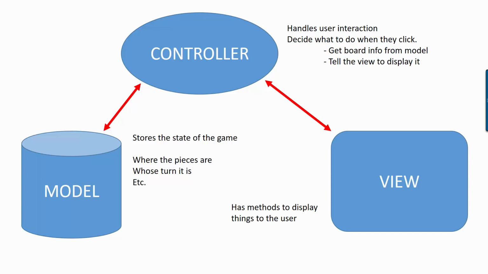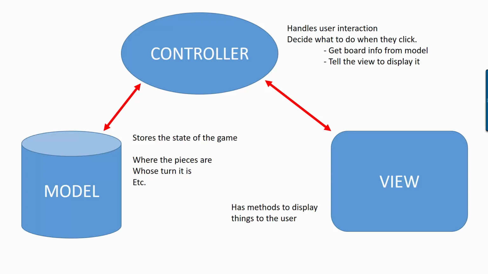A typical way of imagining how these classes interact with each other is the user will click somewhere on the screen. The controller knows the XY coordinates where the user clicked. And so the controller might ask the view, do we know what actual grid location they clicked on based on those XY coordinates?